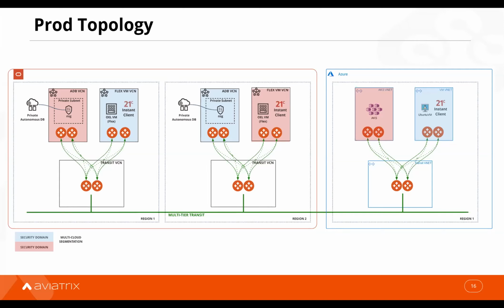And if your project team or my boss Brian decides that for some reason he wants to try out BigQuery next week, that's not a problem. We can spin this up with the same amount of effort, but this is what that would look like in a prod topology. We would have security domains, and potentially we would have some firewalls in that transit layer as well.